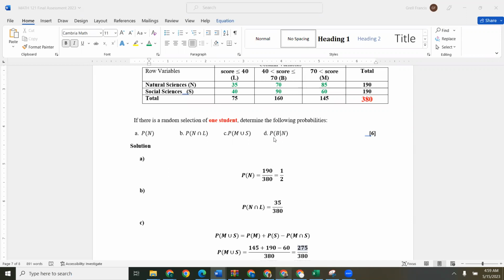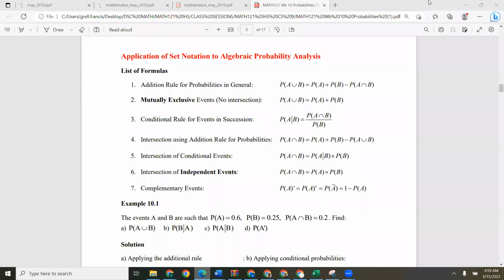Now we're going to calculate the probability that the student scored between 40 and 70, given that they are from the natural sciences. Again, we've got to resort to a formula in the list of formulas, set notation, algebraic analysis. This will be formula number 3.